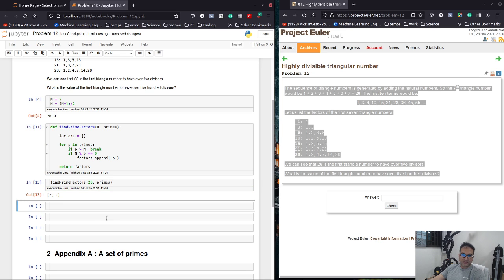Okay, so the prime factors are 2 and 7 for 28. The other factors are 1, 2, 4, 7, 14, 28, if I remember correctly.